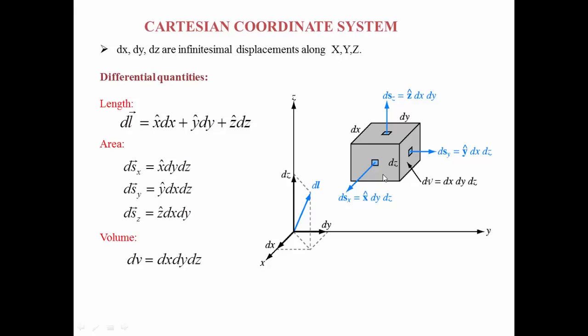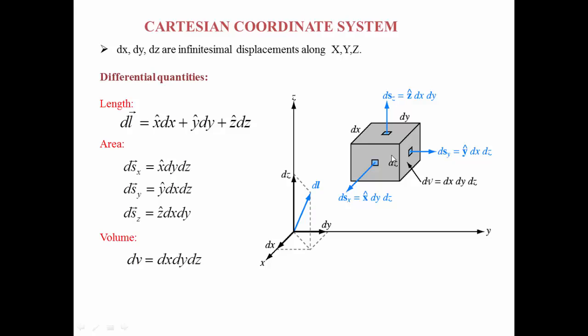Now we will analyze the Cartesian coordinate system. Just consider the rectangular object. It has changes in all directions. The change in magnitude in the x direction is dx, in the y direction is dy, and in the z direction is dz.